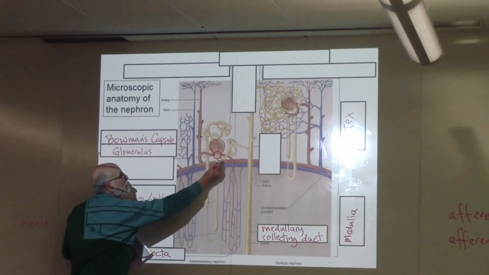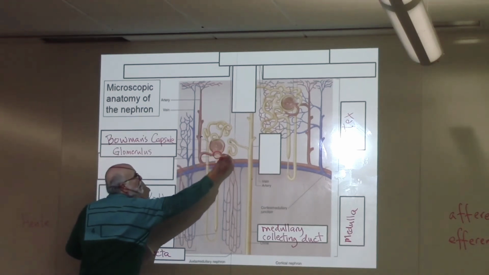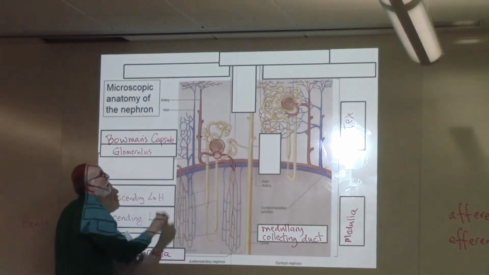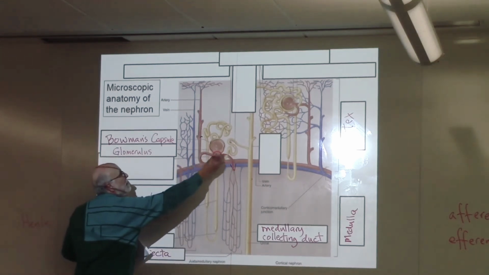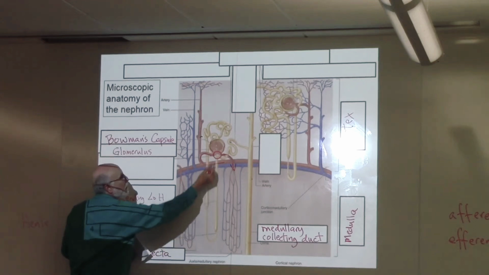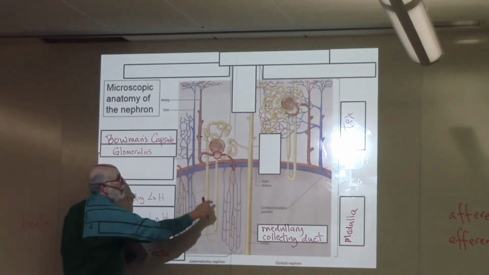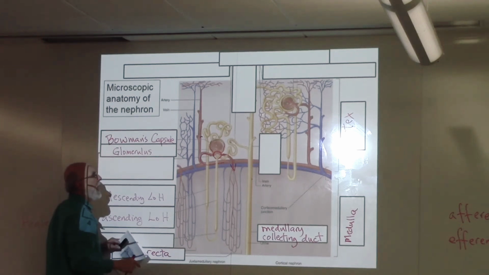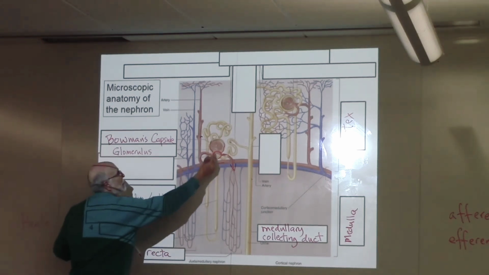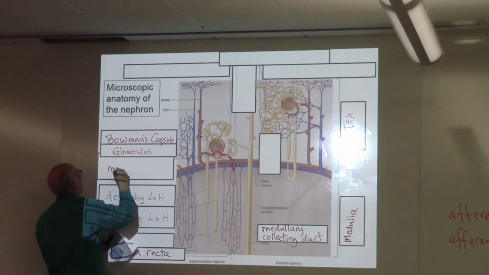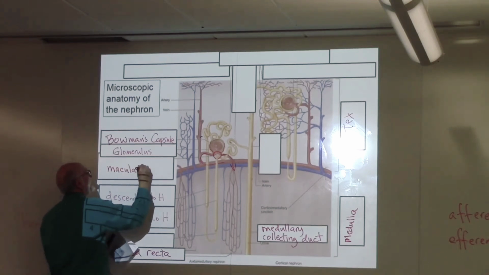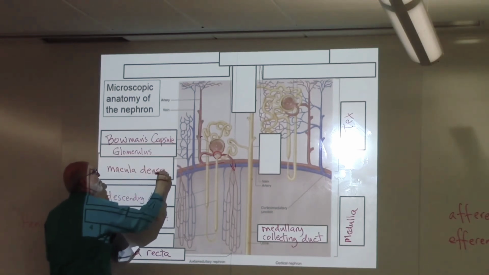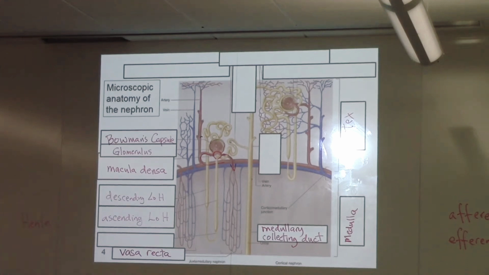Here's the blood coming in, going through the glomerulus and coming out. So this is afferent, this is efferent. This, the ascending limb of the loop of Henle, that junction is called the macula densa. We'll talk about the function of that junction next week.